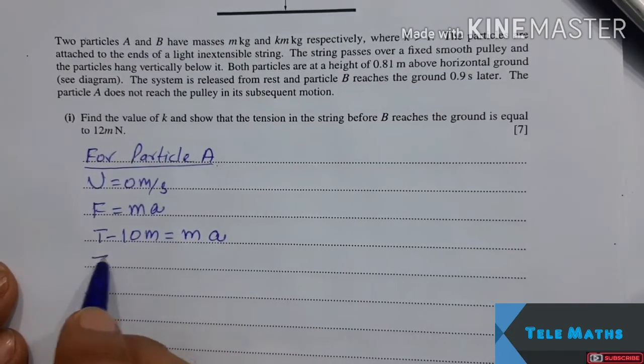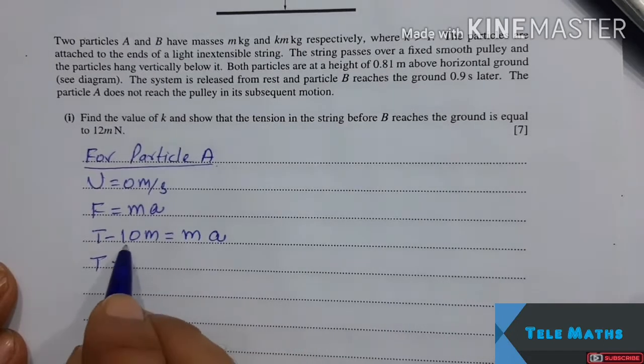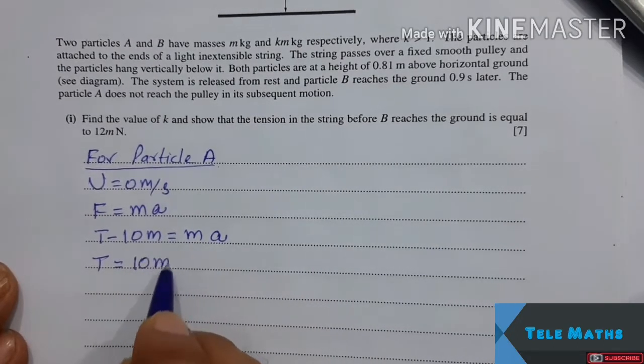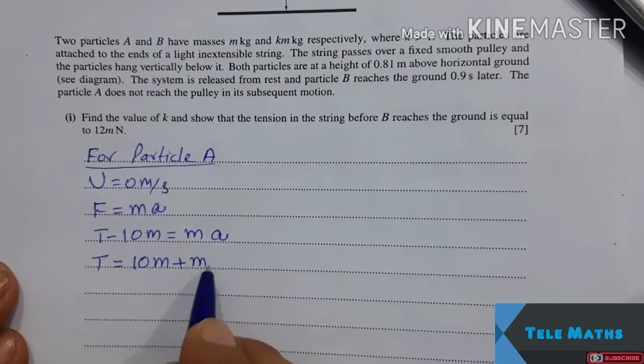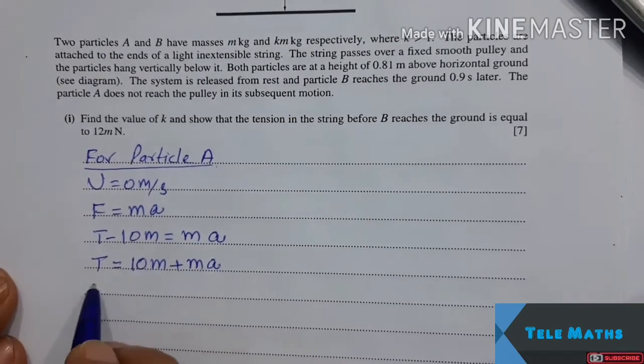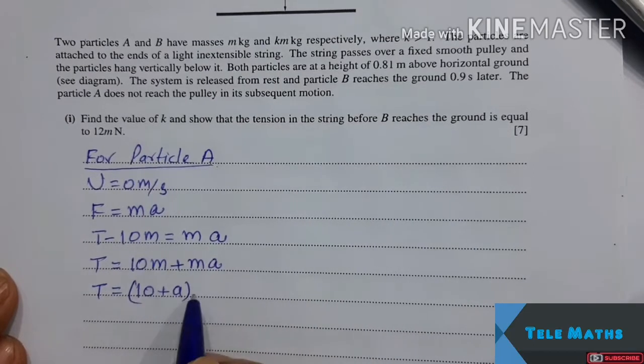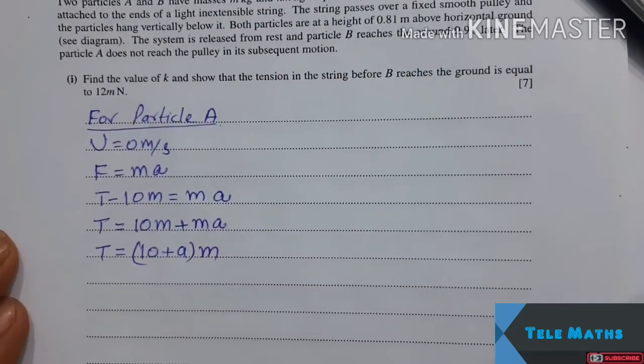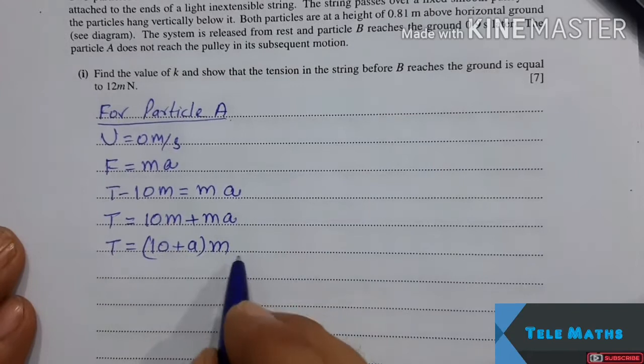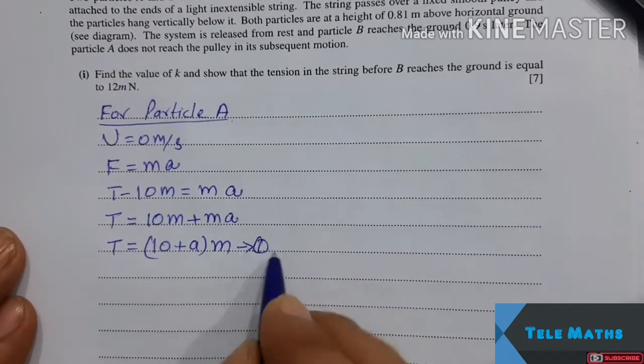Or T is equal to, take 10m on the right side, 10m plus ma, or I can write it as T is equal to (10 plus a) m. I can take m common. So this is my equation number 1.